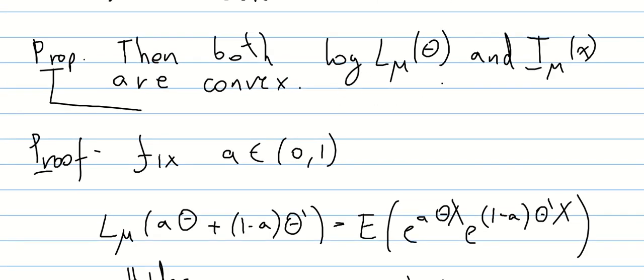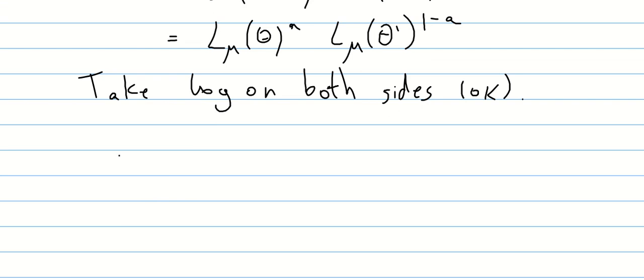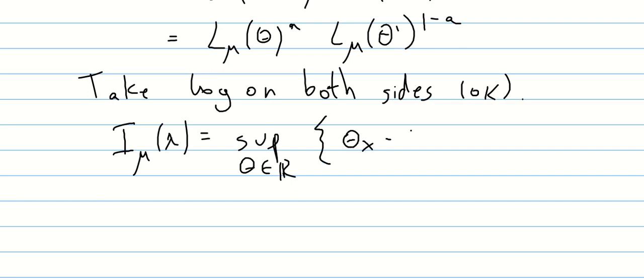And now we're going to focus on the rate function I. So the rate function, if we recall its definition, at the point x is the supremum over theta of theta x minus log of L mu of theta.